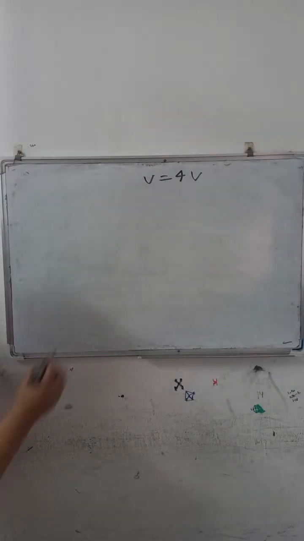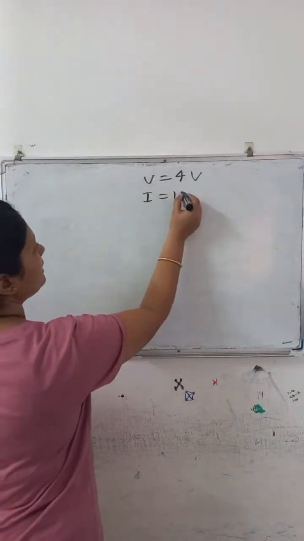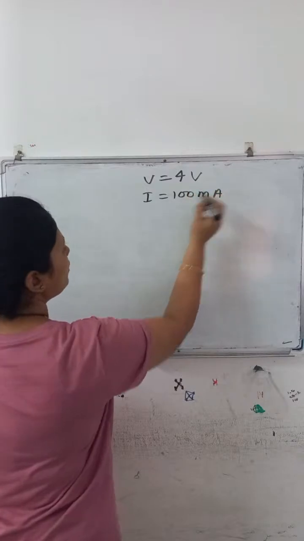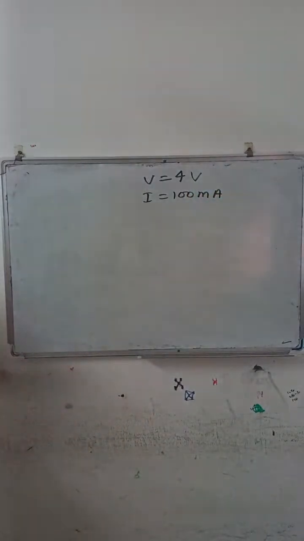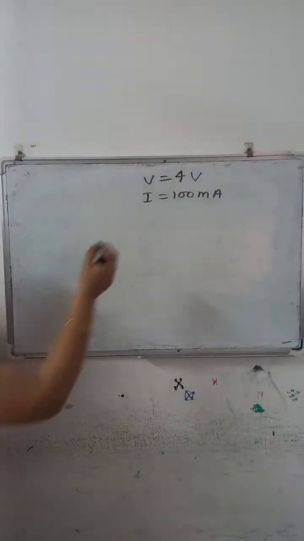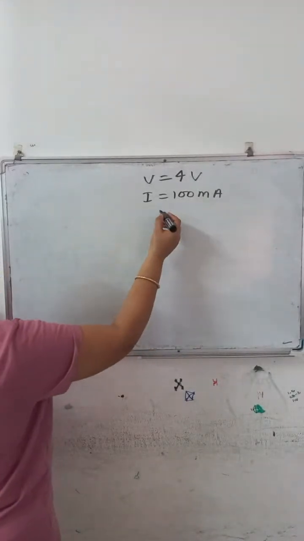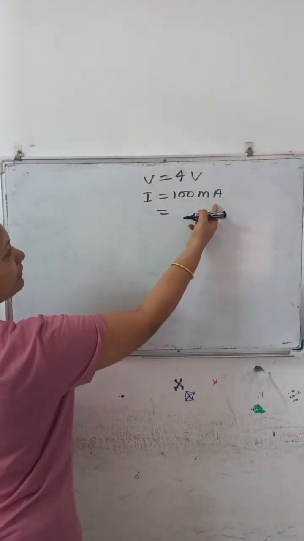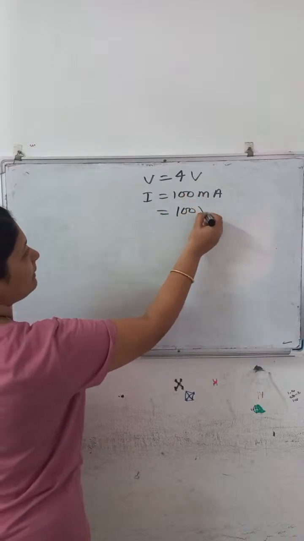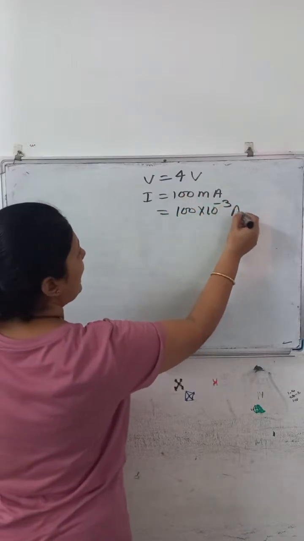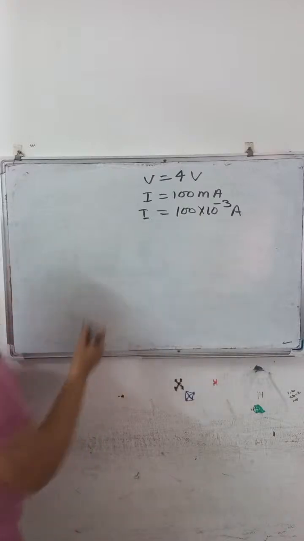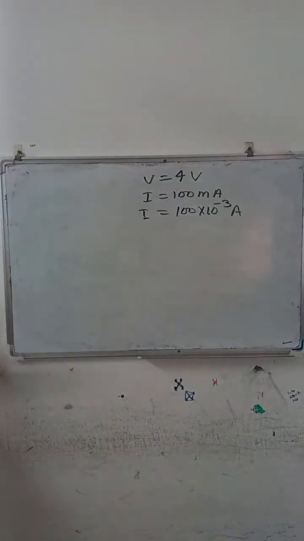And current is given, I is nothing but 100 milliampere. So don't forget to convert into SI system. So here milli is there, that we have to convert into ampere just by multiplying by 10 raised to minus 3 ampere. So these notations you already learned in the lower standard.